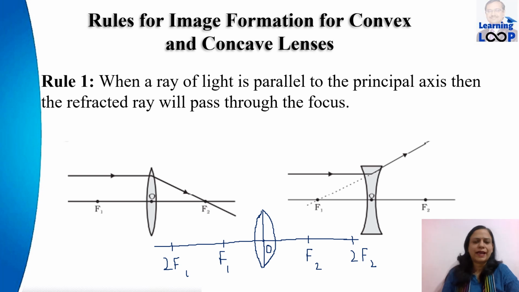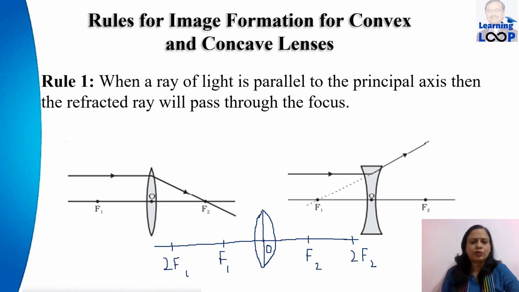What is to be kept in mind is that the distances between optical center and focus 1, focus 1 and 2f1, optical center and focus 2, and focus 2 and 2f2 need to be exactly the same. So I suggest you do this using a dimension of 2 centimeters each, and when you do this, I am very sure that your diagram will come out perfect. These are the basic labels that you need to put in while drawing the ray diagrams for lenses, whether it's the rules or the actual set of ray diagrams.